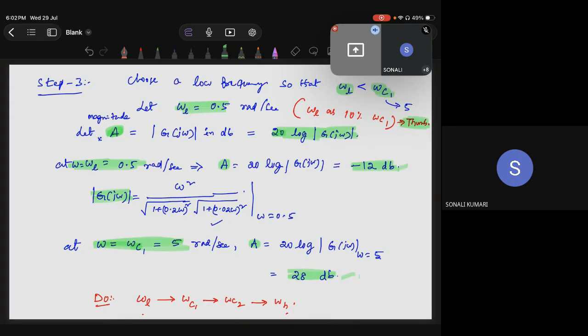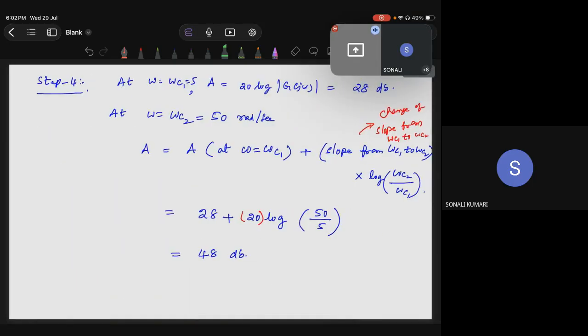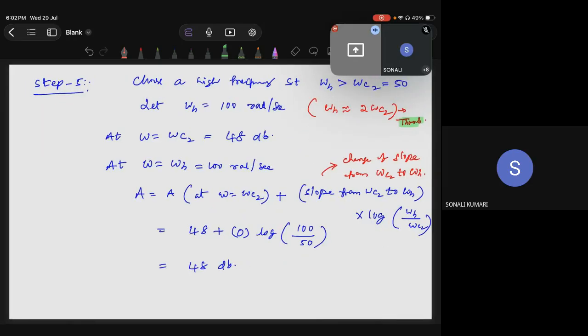Clear? Our ultimate job is to find A for all these 4 cases. Here we calculate A at omega C2, then here we calculate A at omega H. Clear? So now we will draw the Bode plot.